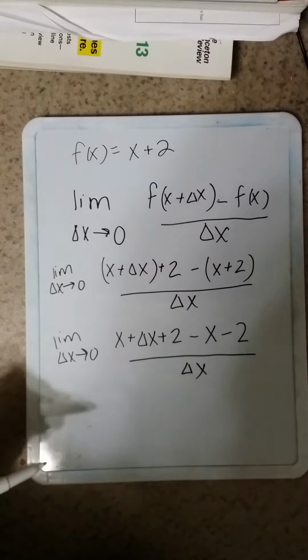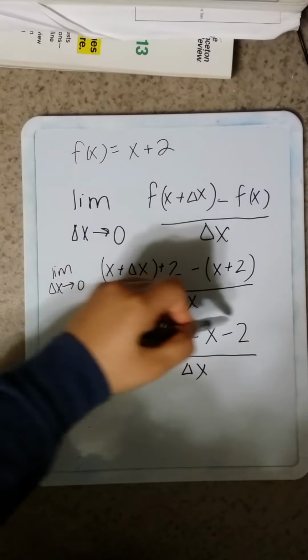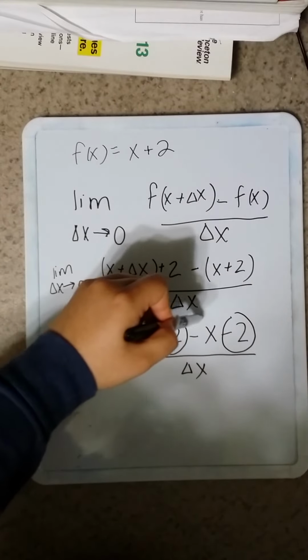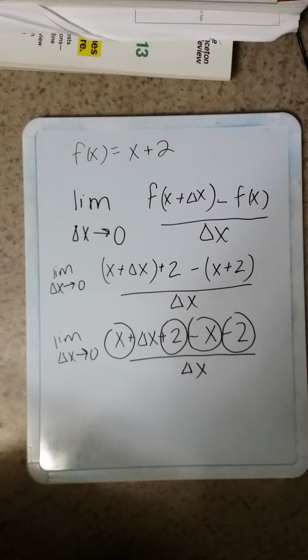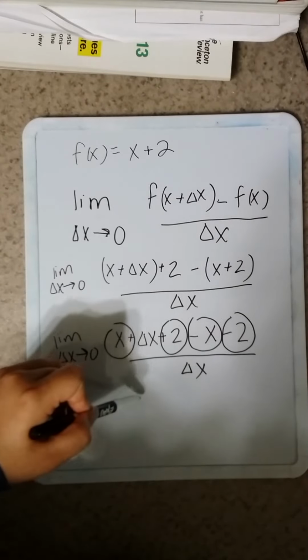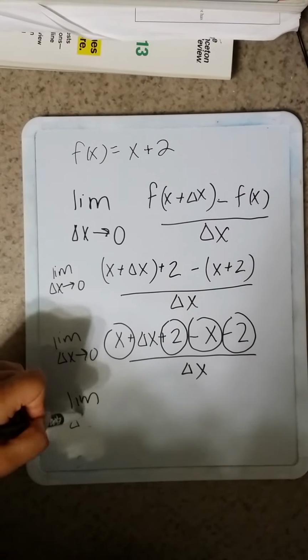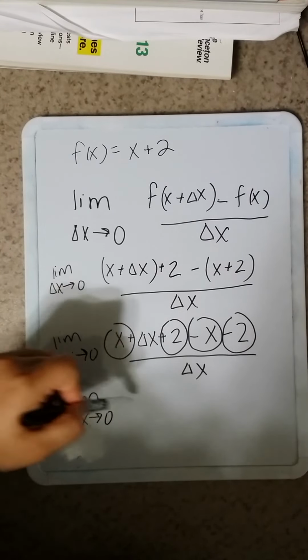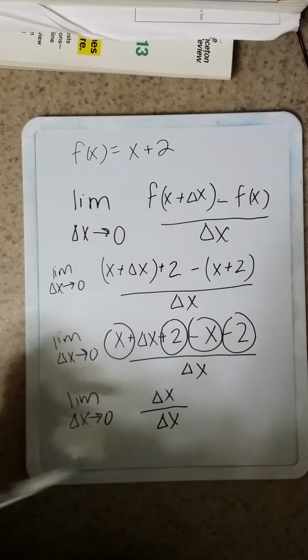Now we have things that we can cross out. We have the plus 2, minus 2, the negative x, and then the x. We cross those out, and we get the limit as change of x approaches 0 of change of x over change of x.